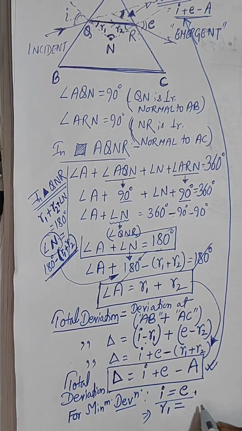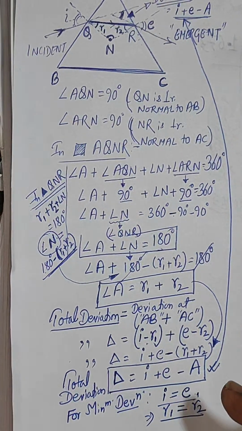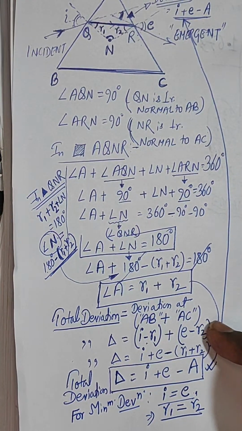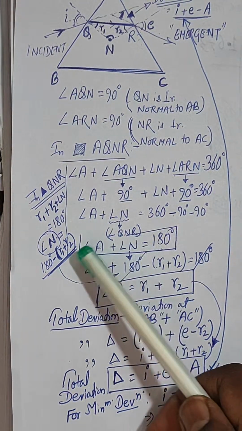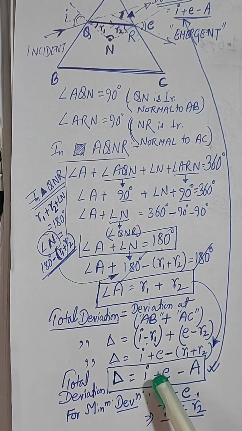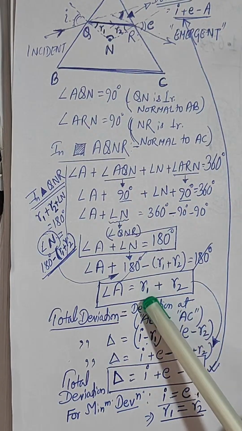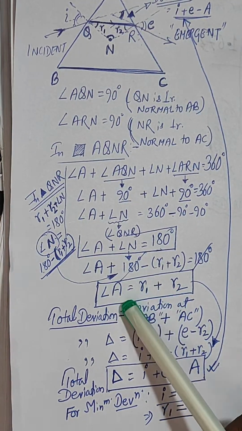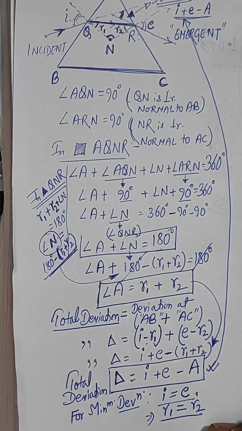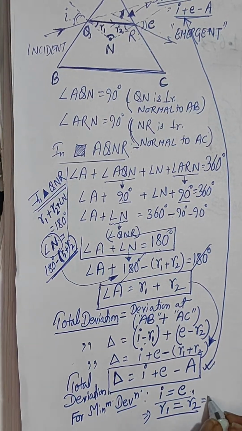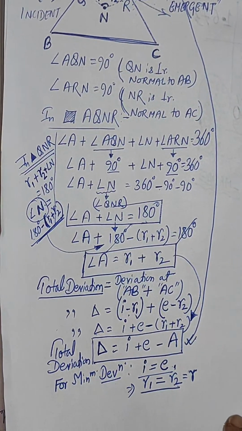So in this condition, if R1 is equal to R2, then R1 plus R2, when R1 and R2 are equal, then 2 times R1 equal to angle A. Or we can say that if R1 and R2 both are equal to R, then what will this equation give to you?